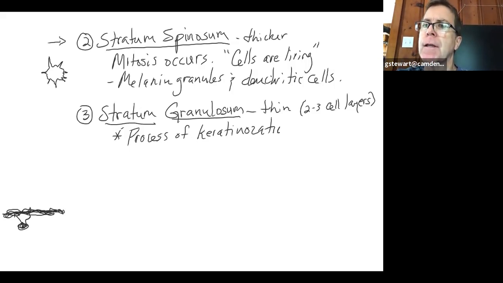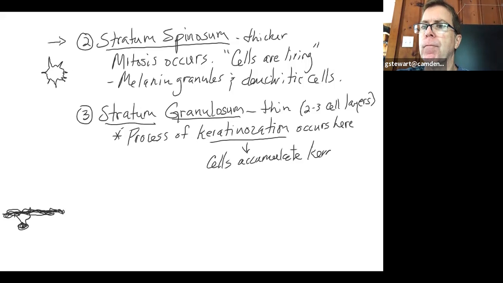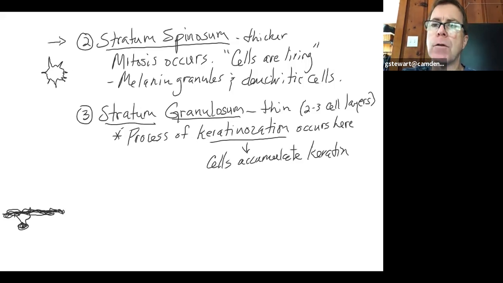Keratinization, that's a verb, occurs in this layer. All that means is the cells start to produce and accumulate that protein keratin. The cells also die in this layer.